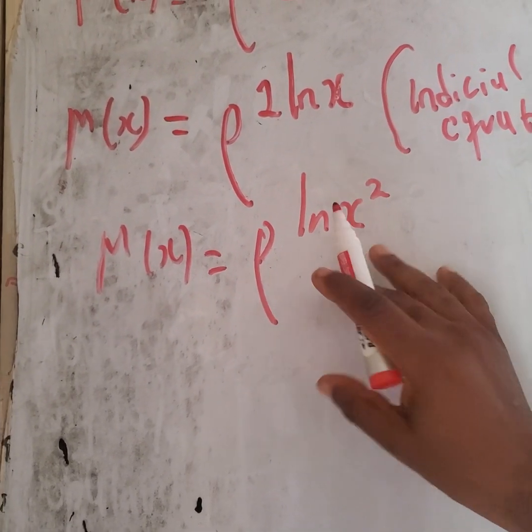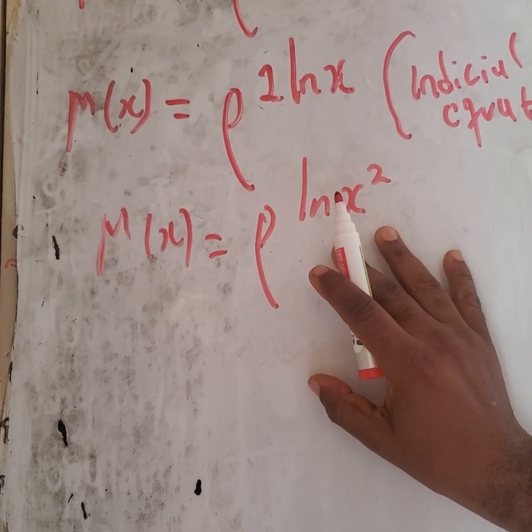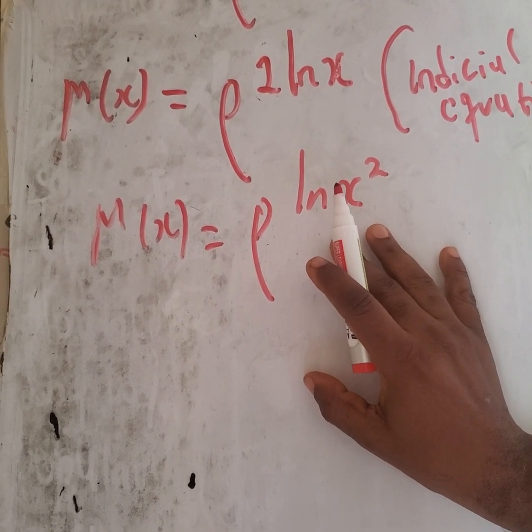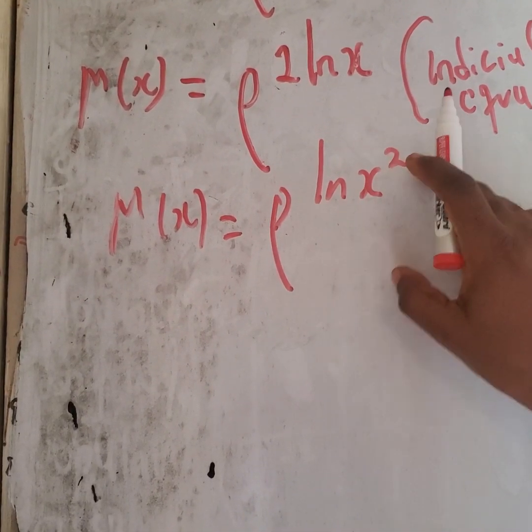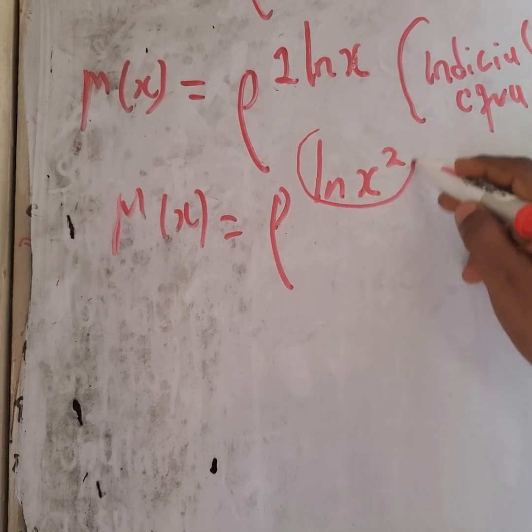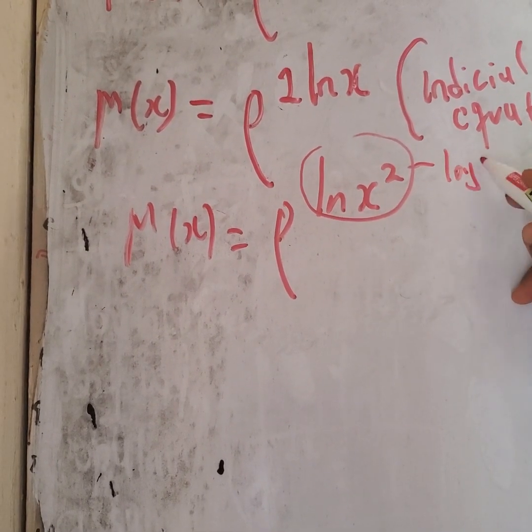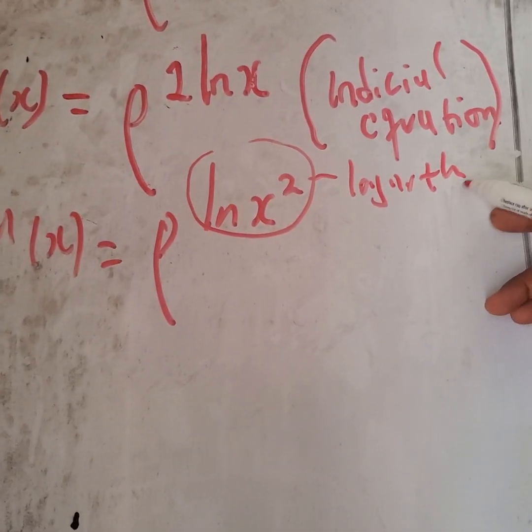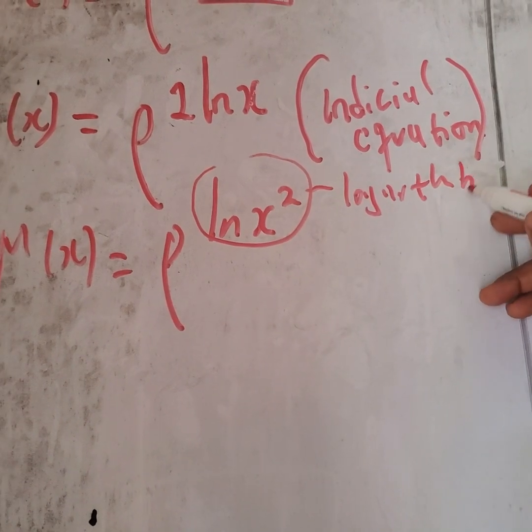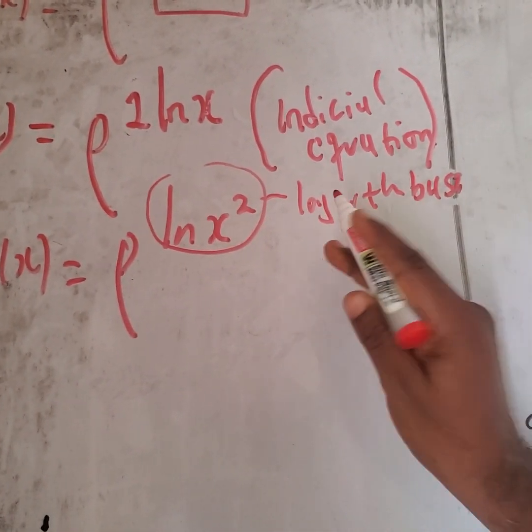This is logarithm to base e, natural logarithm.